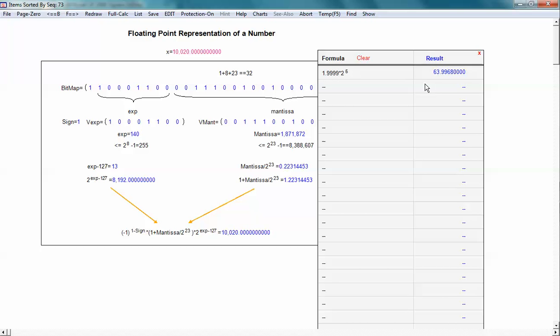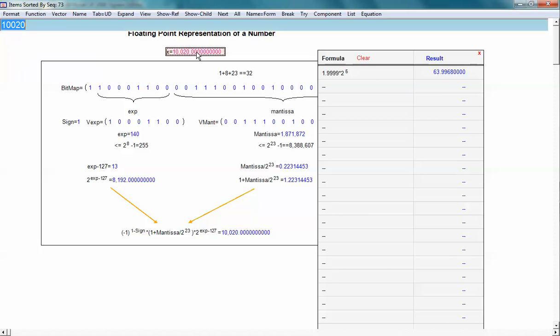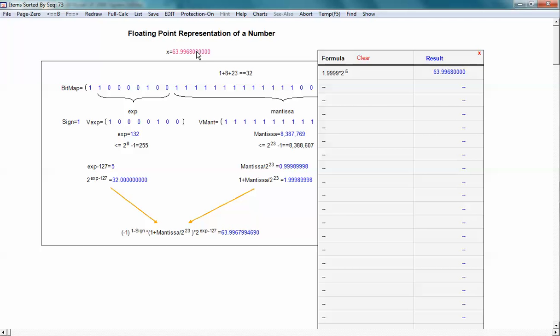I just knew x. Let's suppose x is 1.9999 times 2 raised to the 5th. So I don't know that there's a 5 here, and I don't know that there's a 1.9999 here.